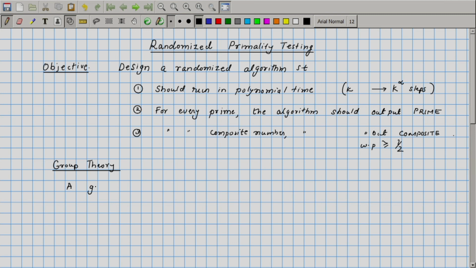A group is a collection of mathematical objects, you can call it a set, with a binary operation, let us say we call it star, such that first, star is associative.